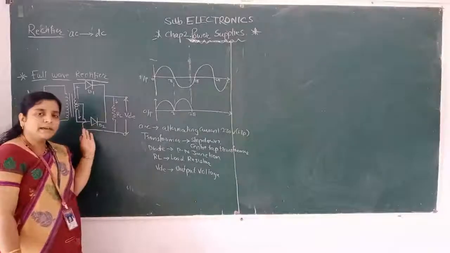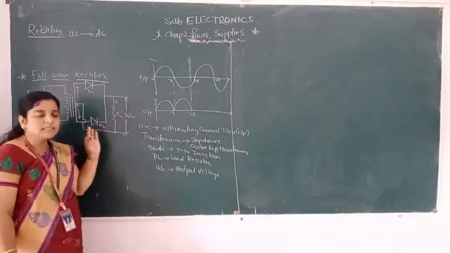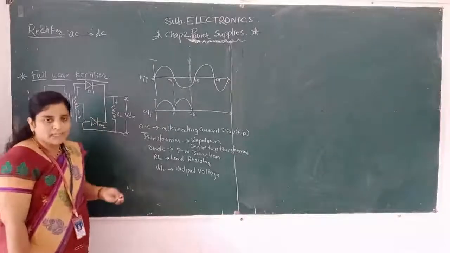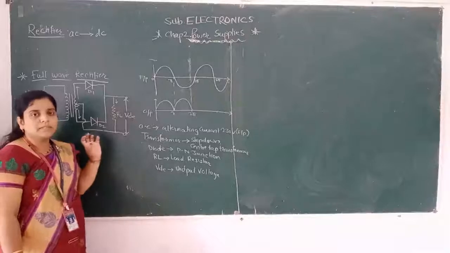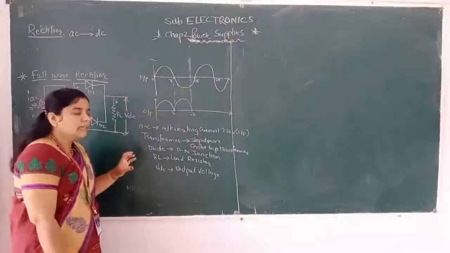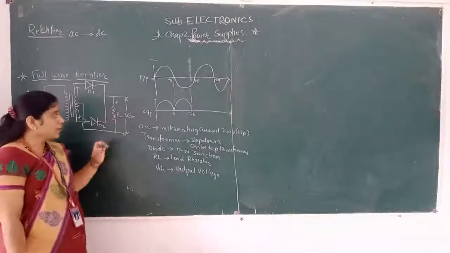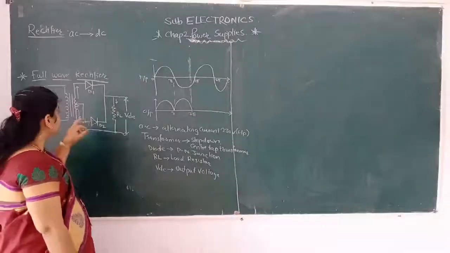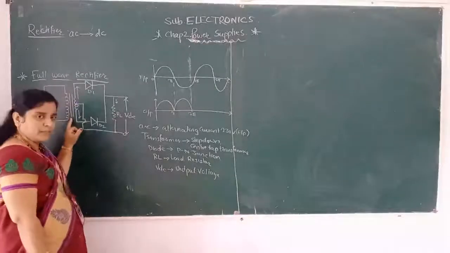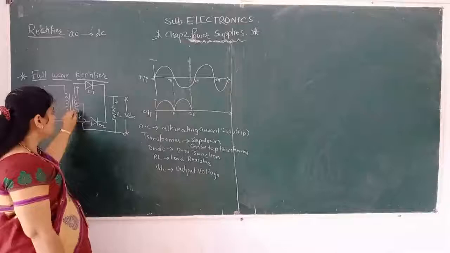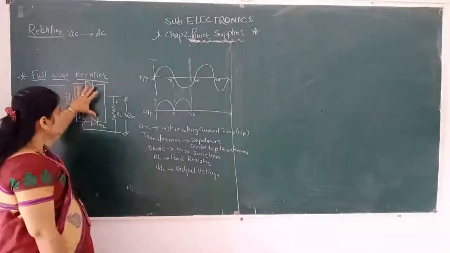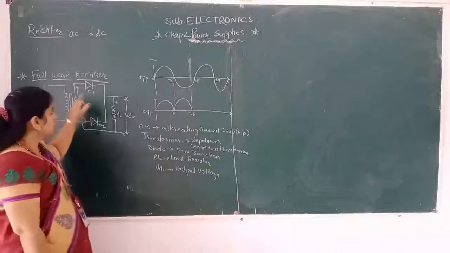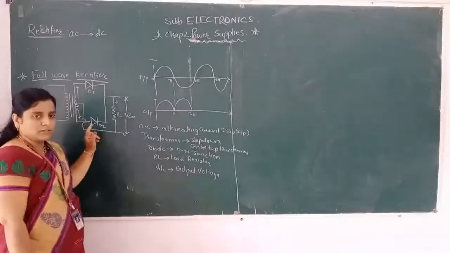In rectifiers and transistors, step down transformers are used, and step up transformers are used in CRT circuits, that is cathode ray circuits. Here a step down transformer is used, and it is centrally tapped so that current will flow in these two directions.